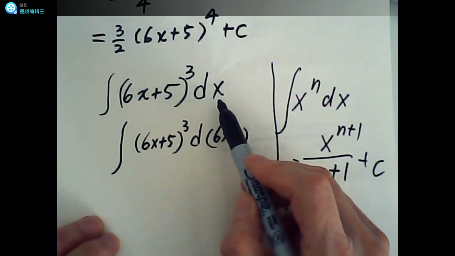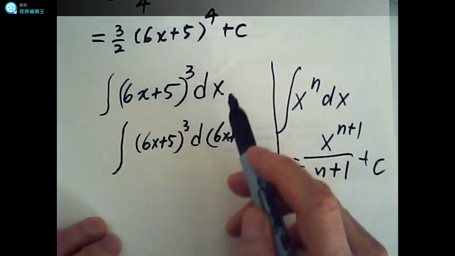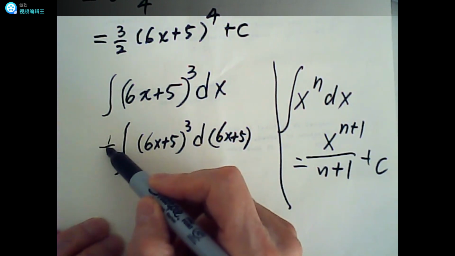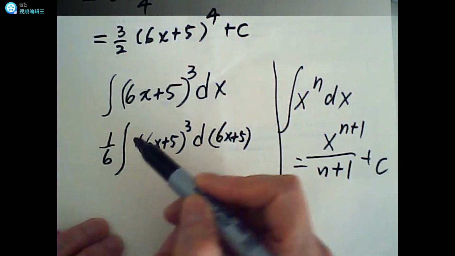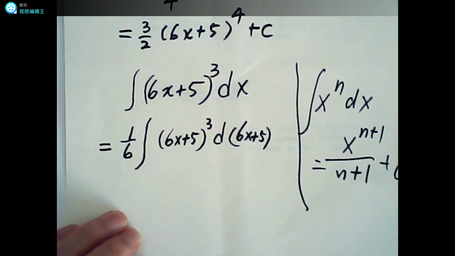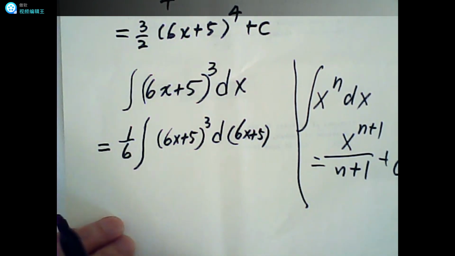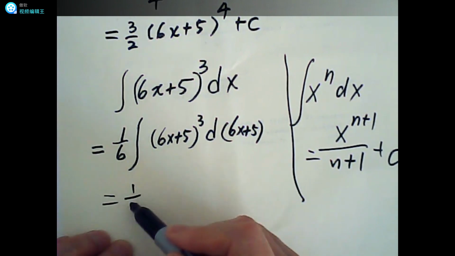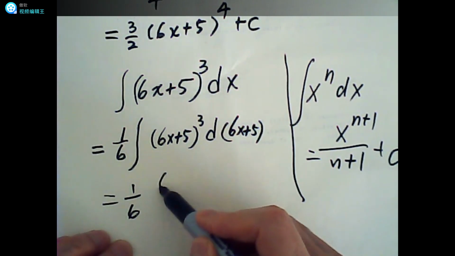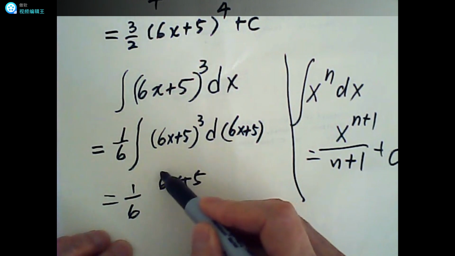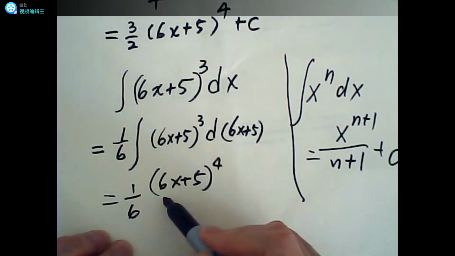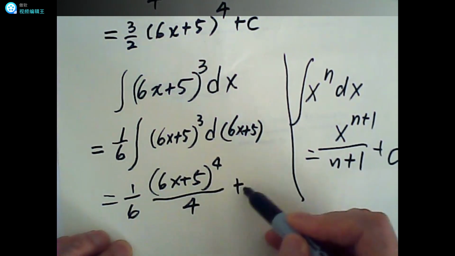Now we have only 1 dx, so it is 6 times dx, so divided by 6. Then I can resume the equal sign. Okay, then the equal sign is back. Then I'm using the formula. This was (6x + 5) to the power 4 divided by 4, plus c.